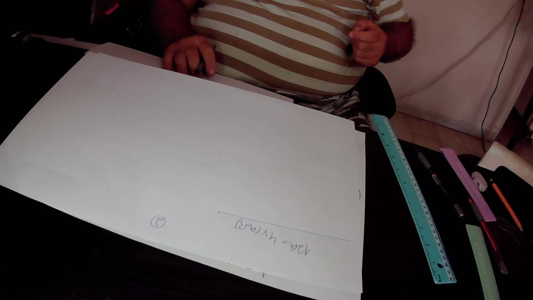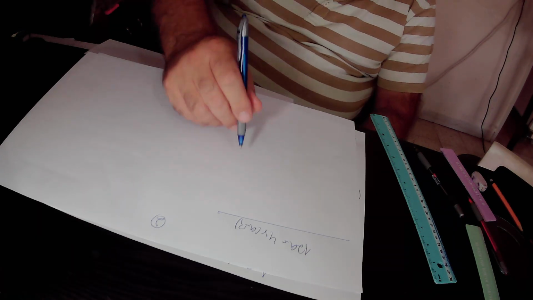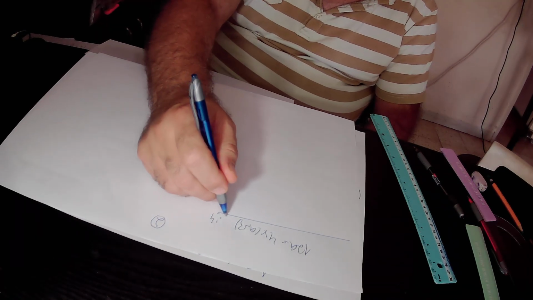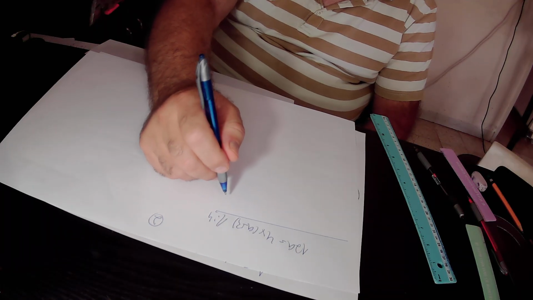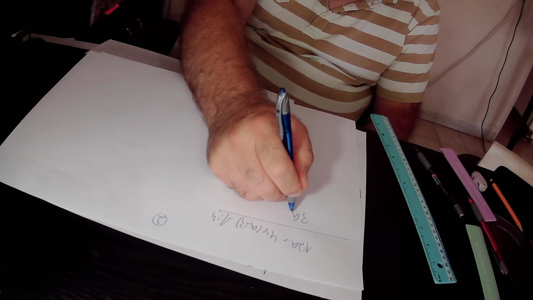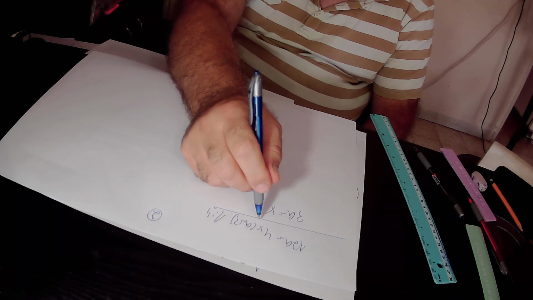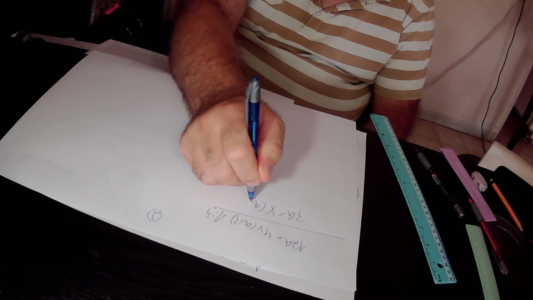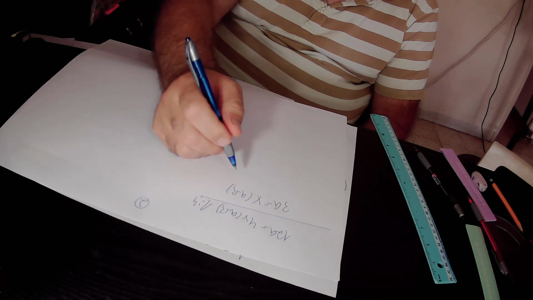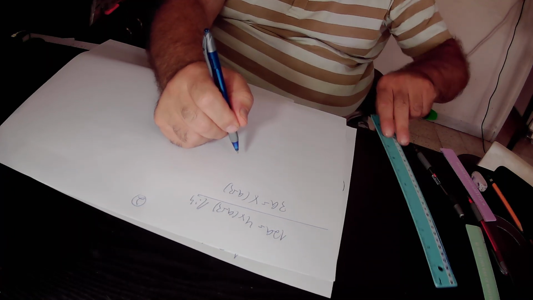Here we divide this equation by 4 and we get that 12a over 4 is 3a, so 3a equals 4x over 4, which is x, so in total this expression equals x times (a plus 3). So we found that 3a equals x times (a plus 3).